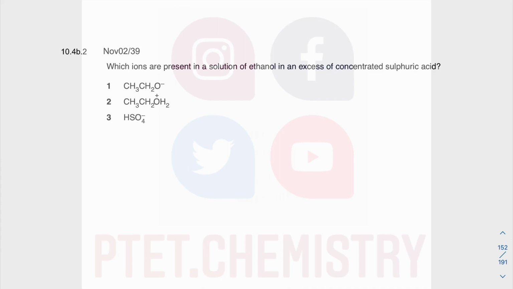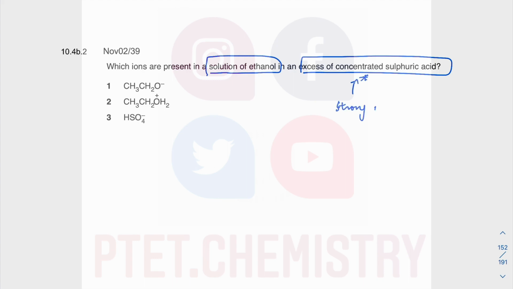Moving on to the next one. It says which ions are present in a solution of ethanol in an excess of concentrated sulfuric acid. So concentrated sulfuric acid can be a strong acid. Sulfuric acid can do many things.